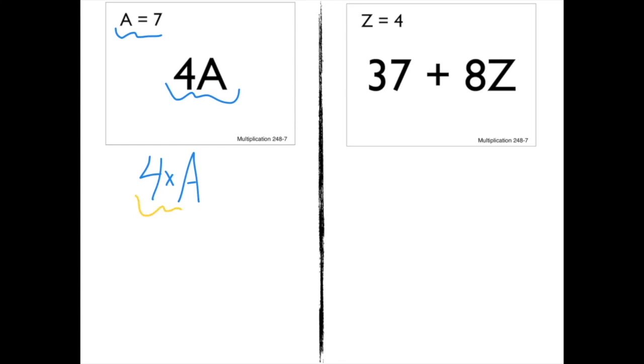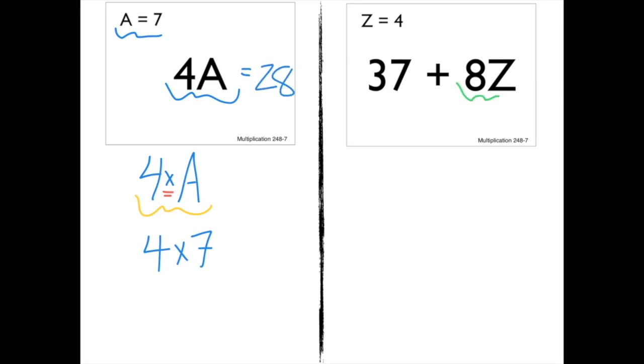Although writing it like this is appropriate as students are learning and getting used to algebra, I always find it important to remind them that the multiplication sign, because it looks like the variable x, is typically not used in algebra. But in this case, if a is equal to 7, then 4a is equal to 28.